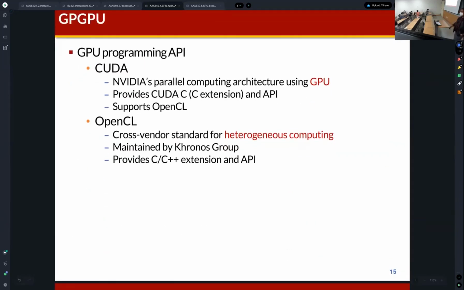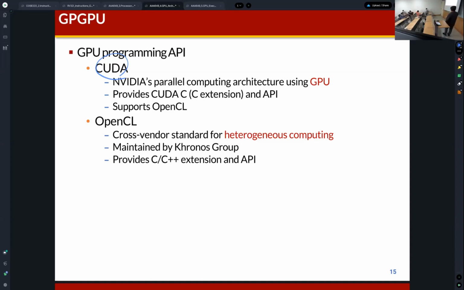Then, as I mentioned, in order to support programming of the GPU, NVIDIA supports CUDA, and AMD supports OpenCL. But recently, we use CUDA frequently because OpenCL was developed for general heterogeneous computing.